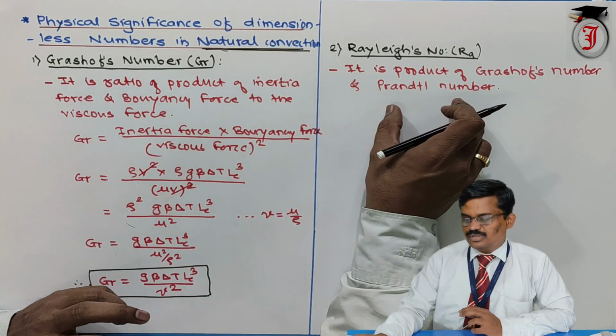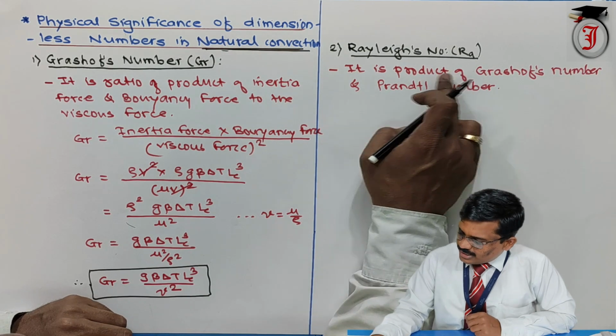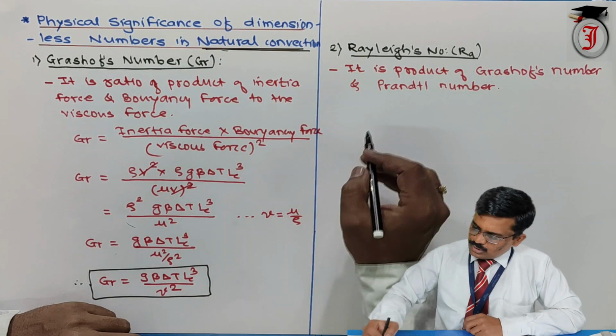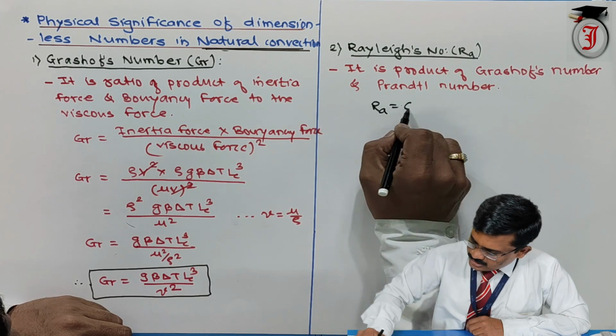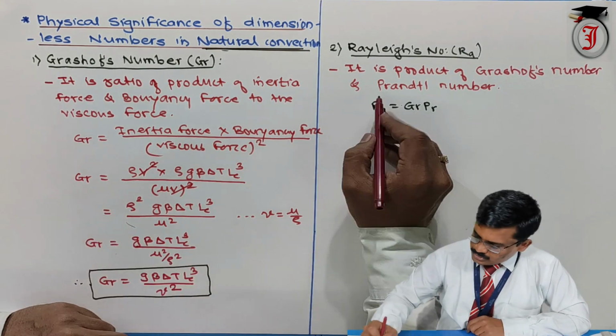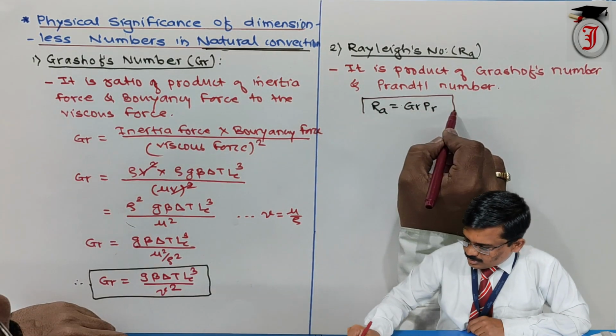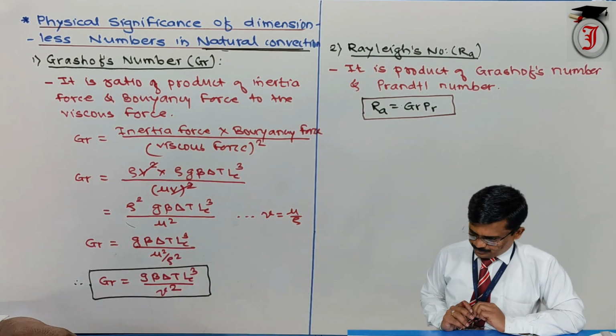So Rayleigh's number RA is nothing but GR into PR, the product of Grashof number and Prandtl number.